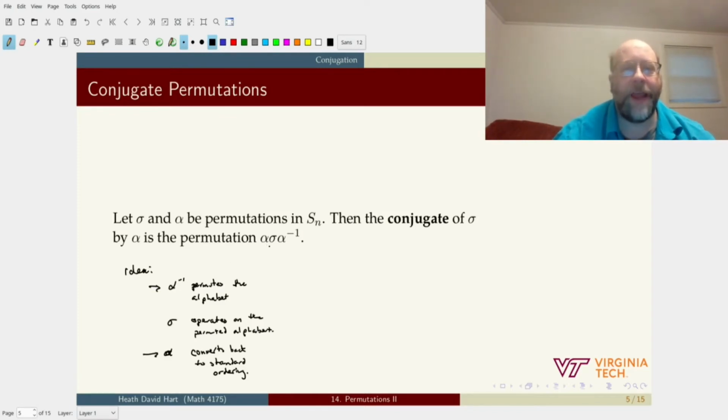Even if you haven't taken modern algebra, you have seen this in linear algebra when you studied diagonalization. When you saw the idea that A was PDP inverse for a diagonal matrix, you call this process diagonalization.